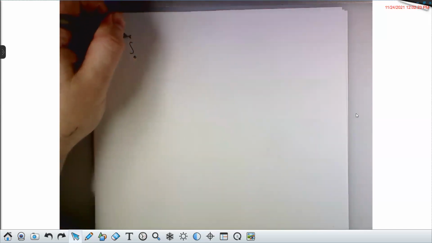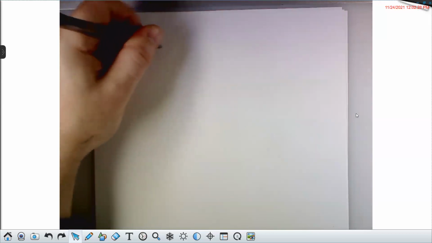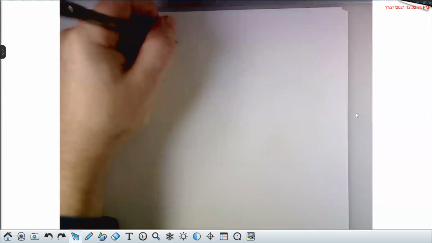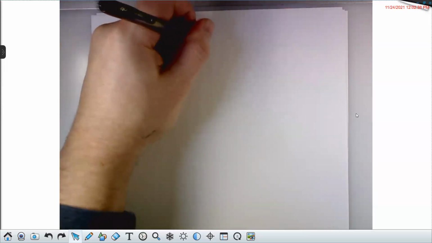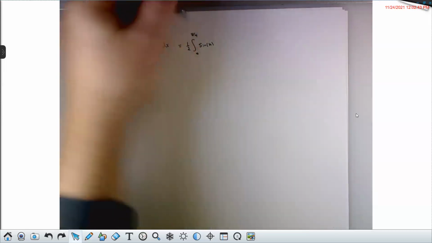If we're looking at the integral from 0 to pi over 4 of sine of 2x, that one that we did, and you make the substitution u equals 2x, du equals 2 dx, and you write this as 1/2 integral sine u from 0 to pi over 4 du.